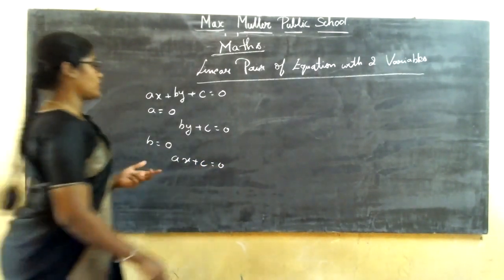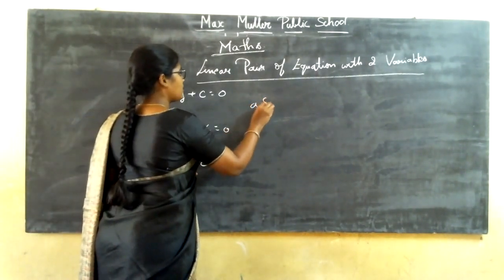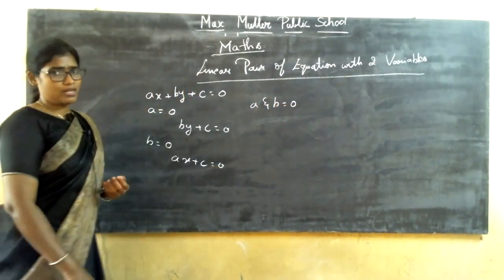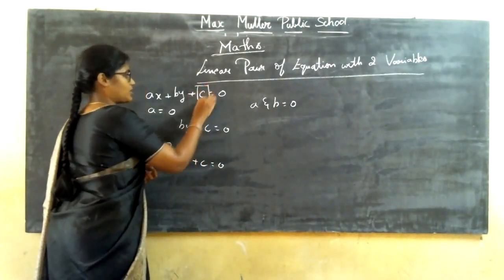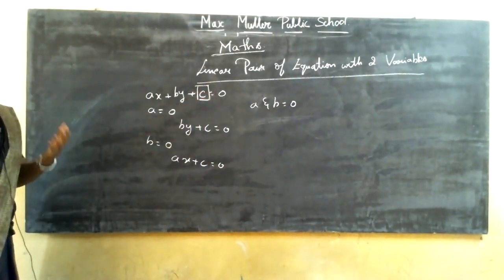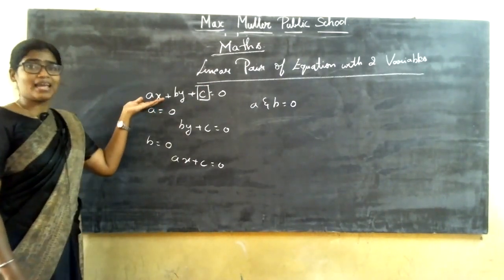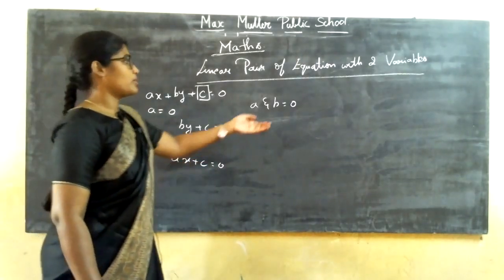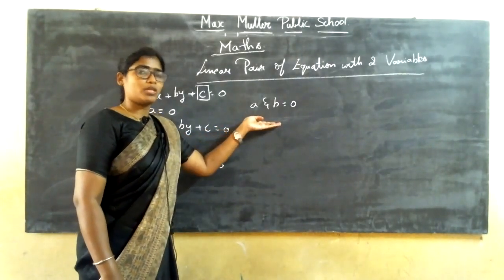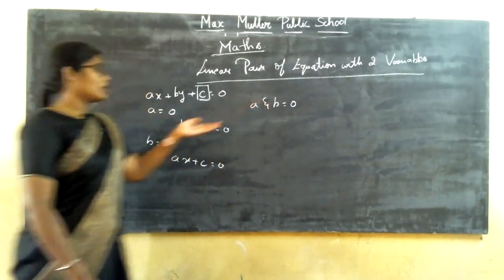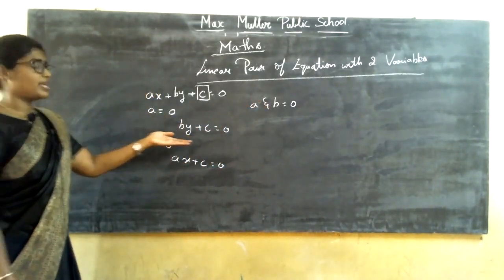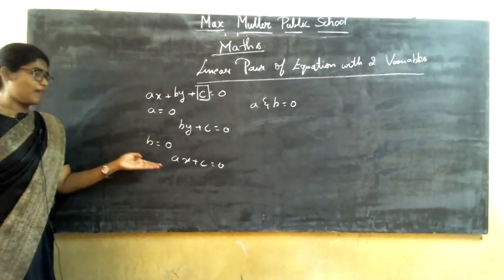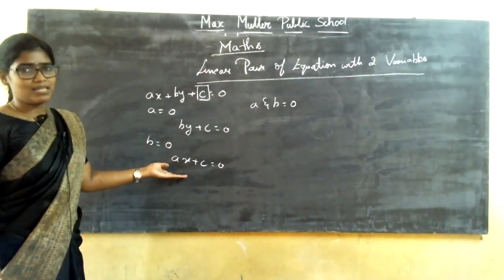If both the coefficients, a and b, are 0, then you cannot get a linear equation. Why? Because you have only a constant c, and you cannot have any variable, x or y term. So we are not going to get any linear equation when both a and b are 0. Only when the a term is 0 will you have by plus c is equal to 0, and if the b term is 0, then you will have ax plus c is equal to 0.